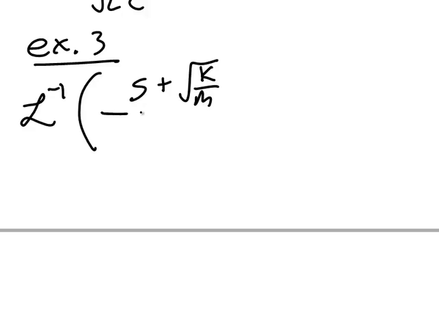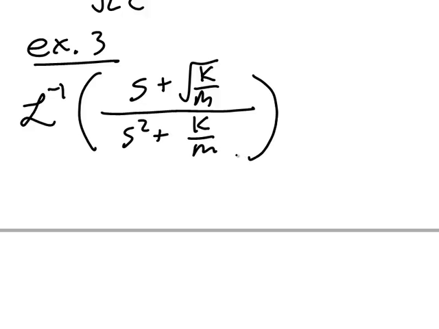In this example, we're going to try and find the inverse Laplace transform of this function here. Once again, we'll start by looking at the Laplace transform table and try to find a line that matches our denominator first, and then see if there's one that matches both the denominator and the numerator.